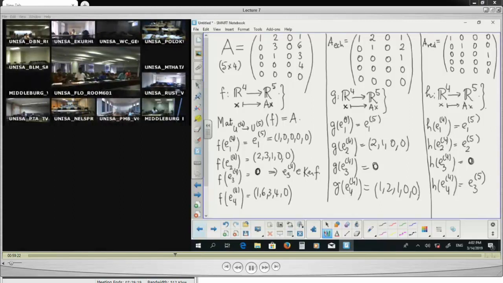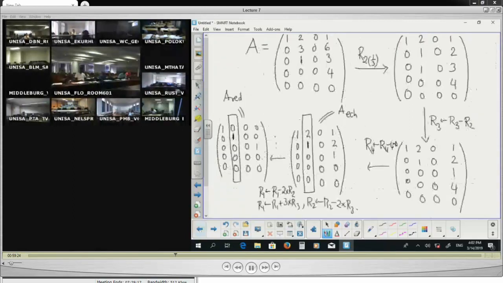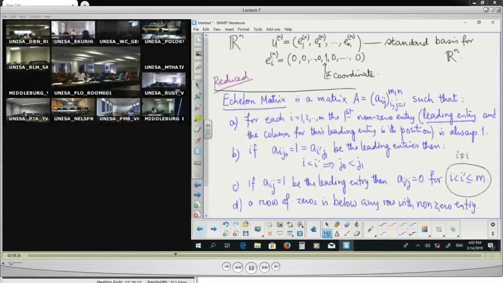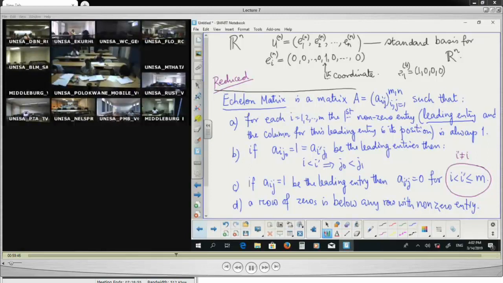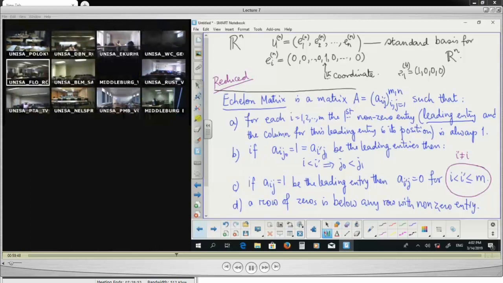So E14, clear? Still not clear? Sir, I'm so confused.